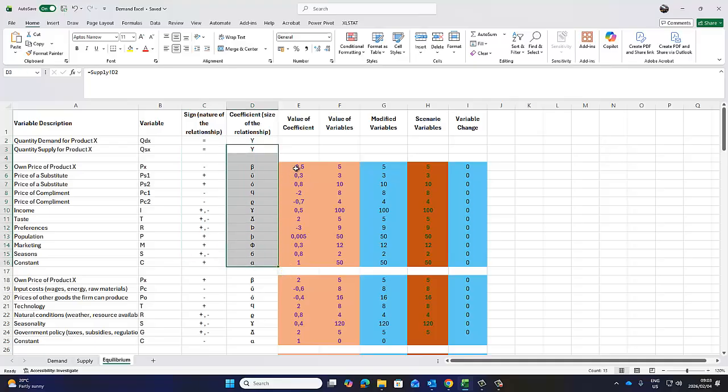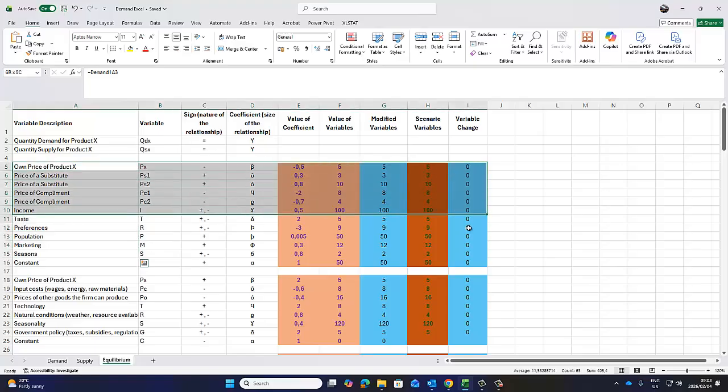There's the actual coefficient when we add a value to the coefficient and we add the sign, and there's the value of the variables, and there is the derived. That's the base values and that's the derived values, and that's the difference between the base value and the derived value. The base value is the value of the variables, and the derived is the manipulated or the scenario values of these variables. So that's my demand side.